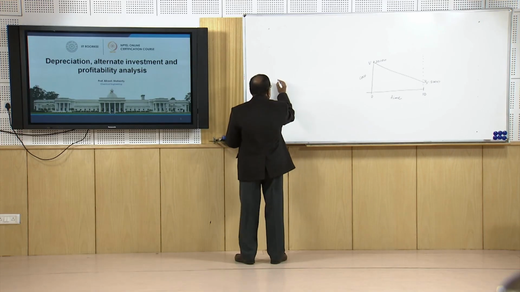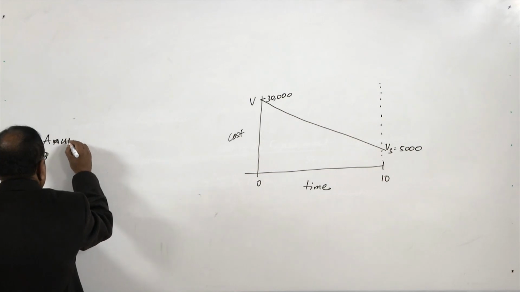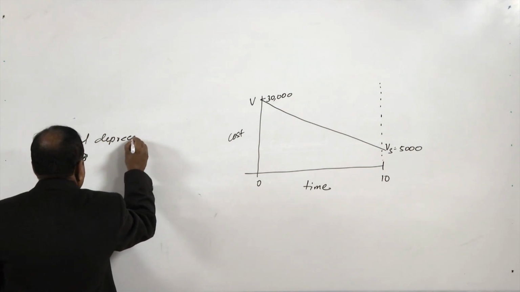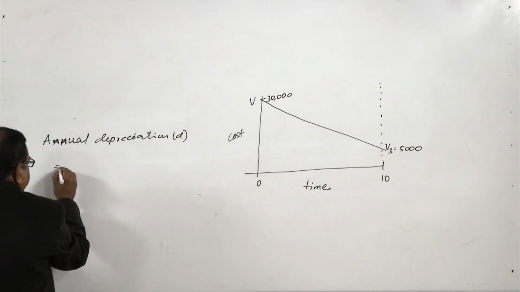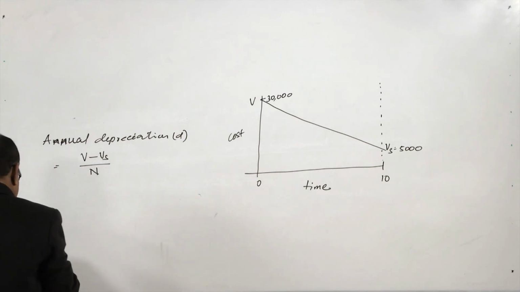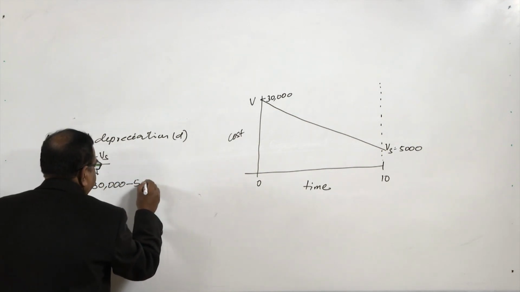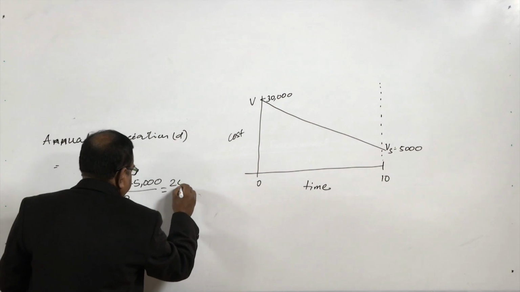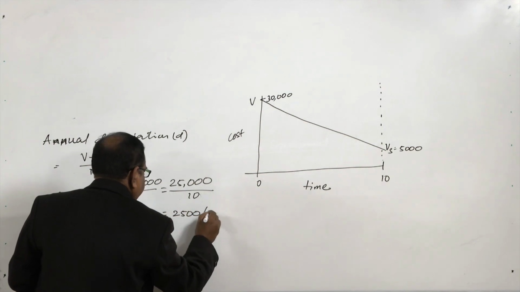So, our formula for annual depreciation D is equal to V minus Vs divided by N. So, D is equal to 30,000 minus 5,000 divided by 10, which is equal to 25,000 divided by 10, which is equal to 2,500.